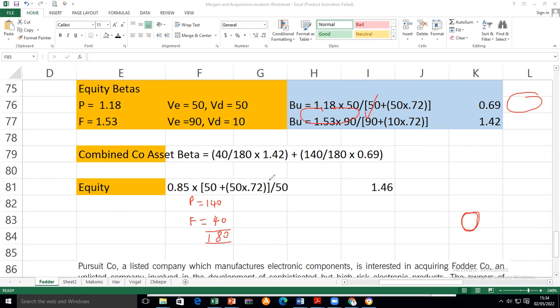Okay, so for F it is 40 over 180 multiplied by 1.42. For P, it's 140 over 180 multiplied by 0.69.